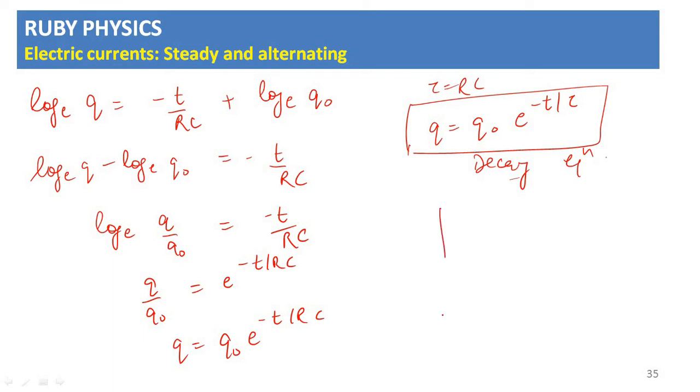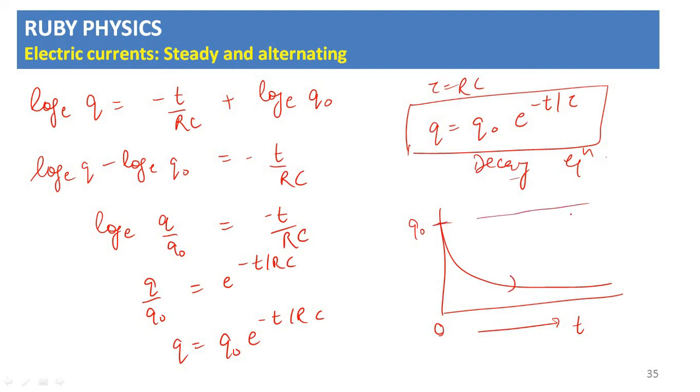In this case of decay, we have the maximum value of charge at time t equal to 0, and as time passes, the charge will decay. This is the maximum value, and this is the discharging of the capacitor.